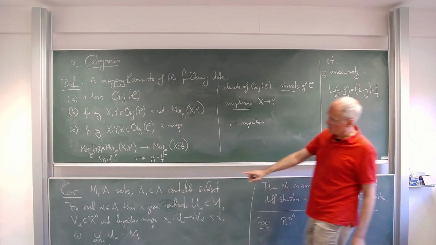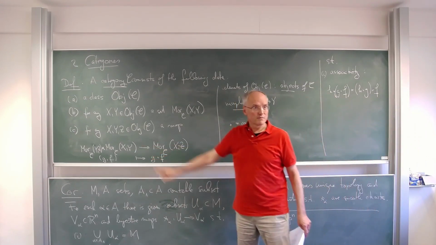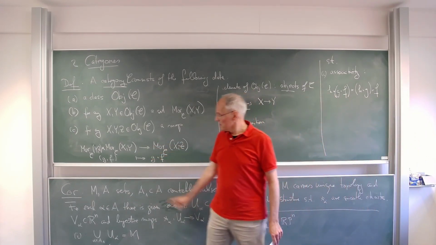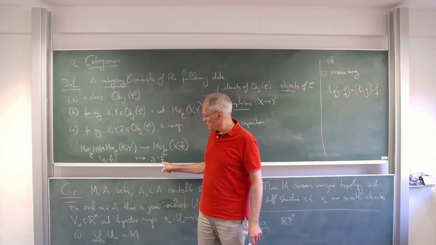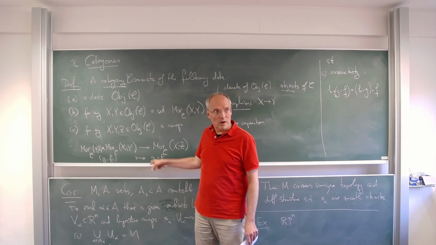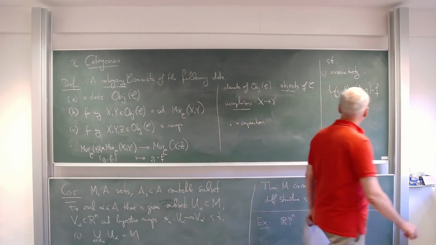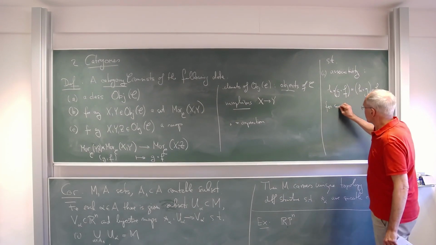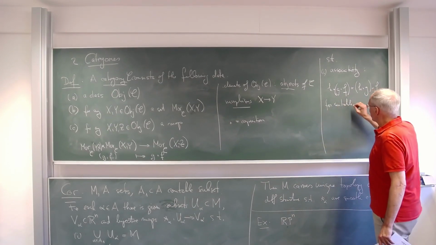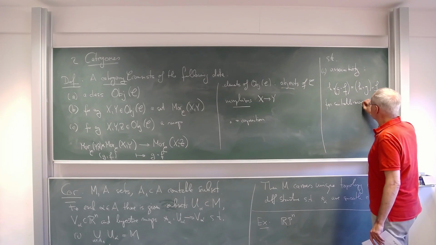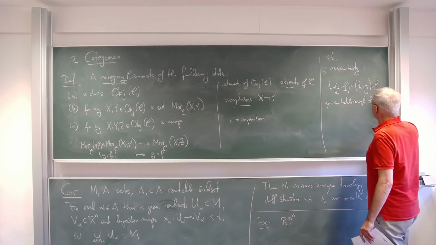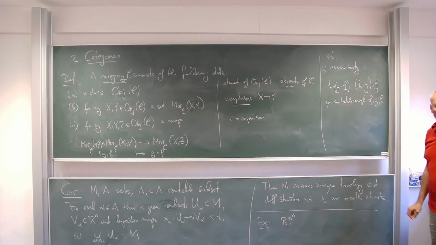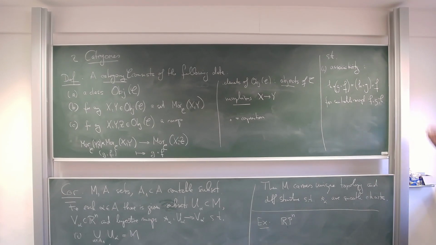The morphisms have to be in suitable morphism spaces, so they have to fit together. I can only compose F with G if F is a morphism from X to Y, and then G is a morphism from Y to someplace. So for all suitable morphisms F, G, H, we have this associativity.